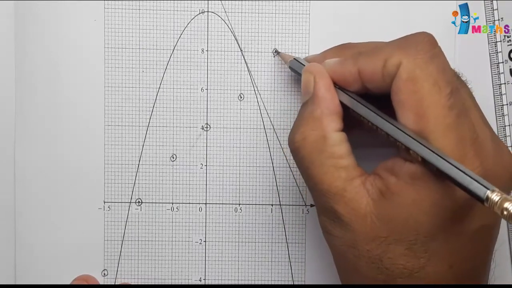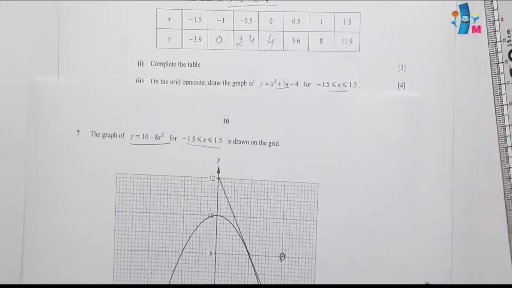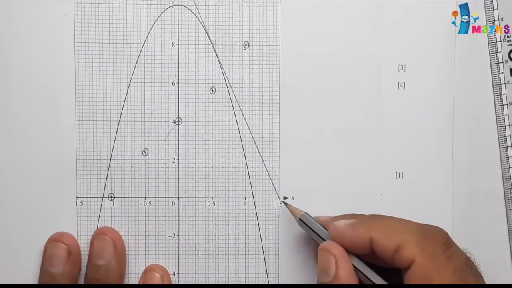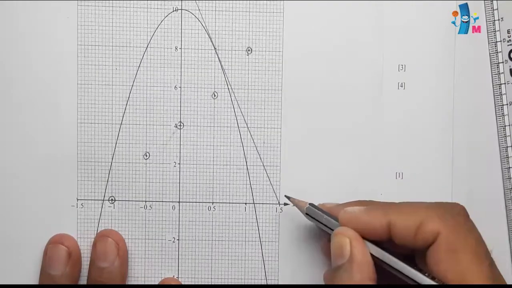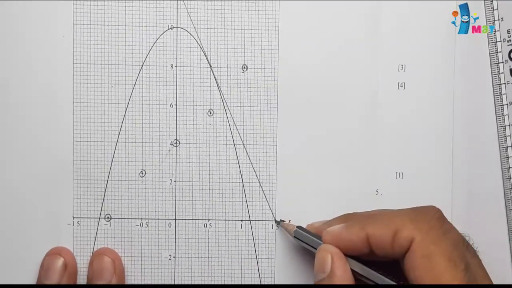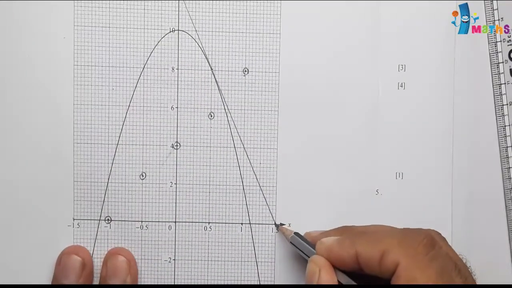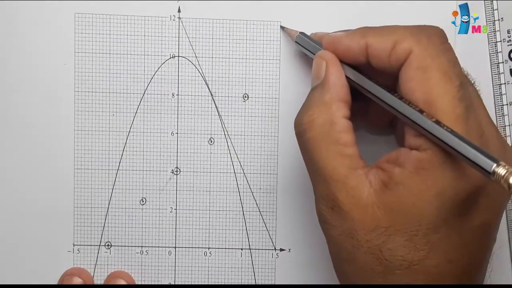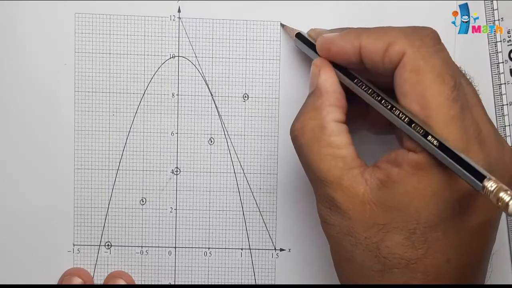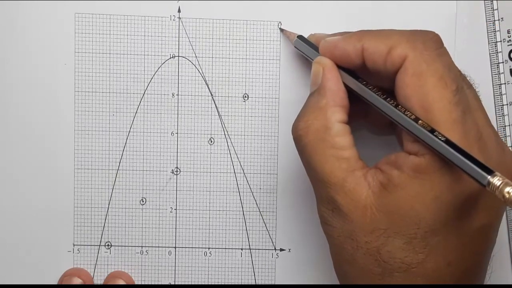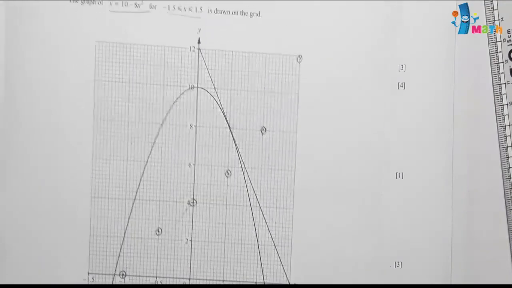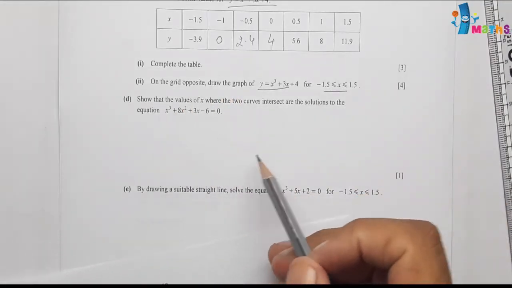So we got this point. Then the last point is 1.5 and 11.9. So I'll try to show you 11.9 as well. So 11.9 is over this one. So these are the points we have drawn.